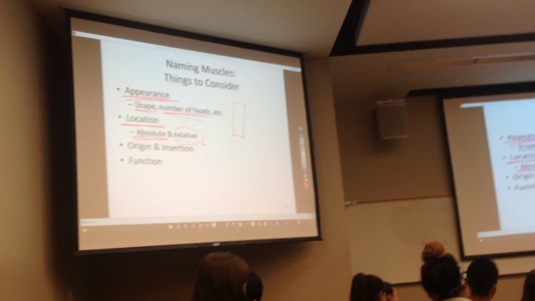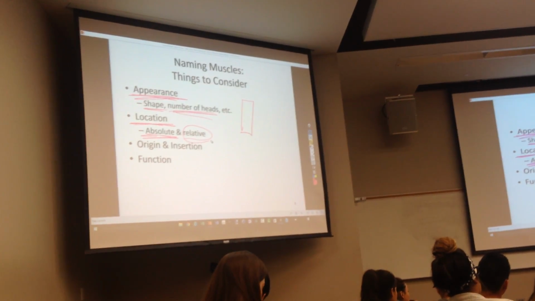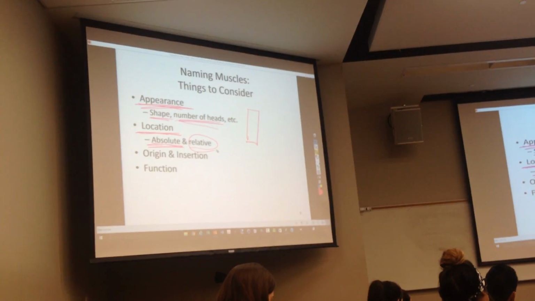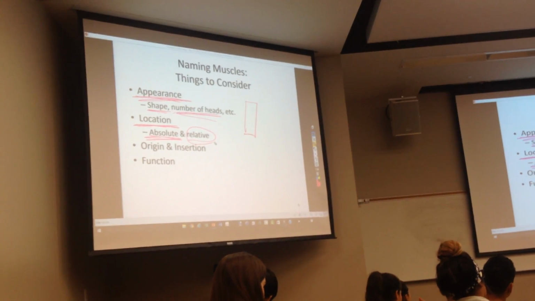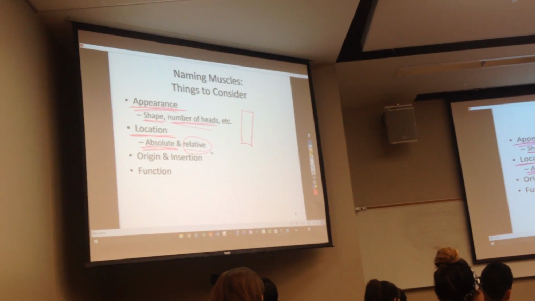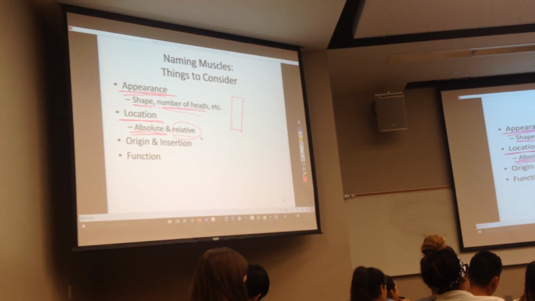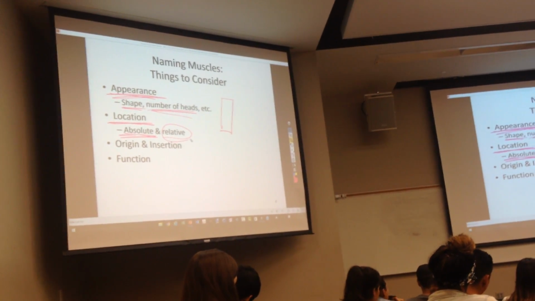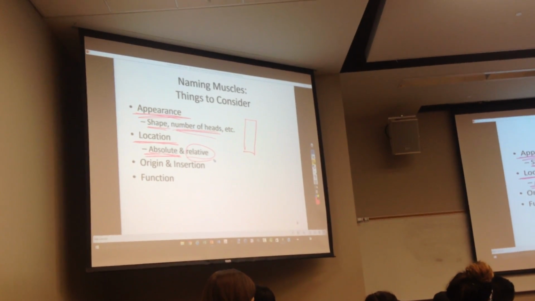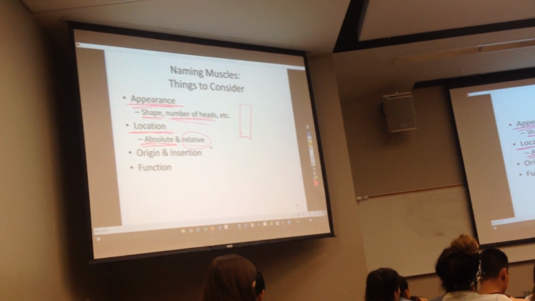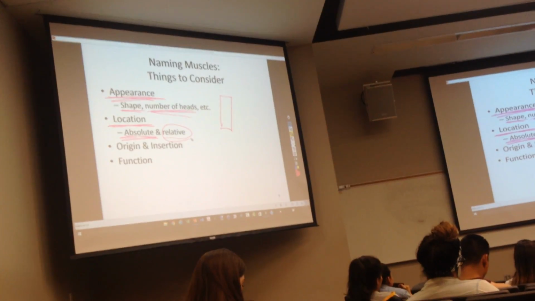The other way we do relative positions, which muscles am I using right now? This is going to segue into the next thing too. Which muscles am I using right now? What am I doing right here? Flexing my digits. Right?